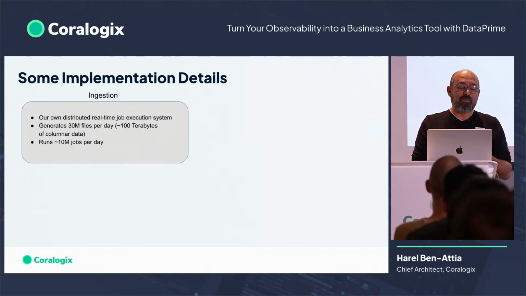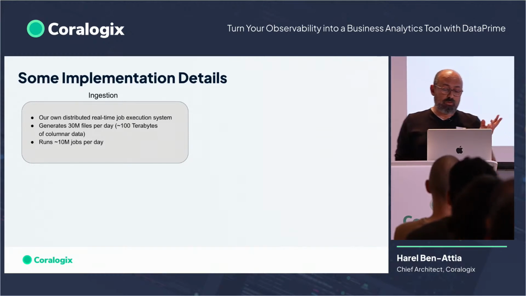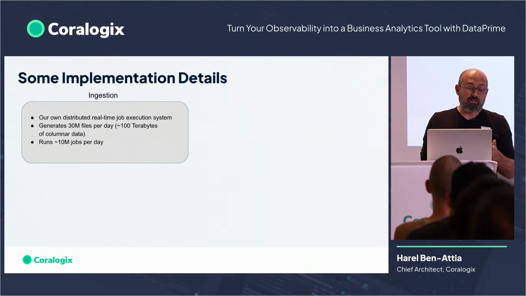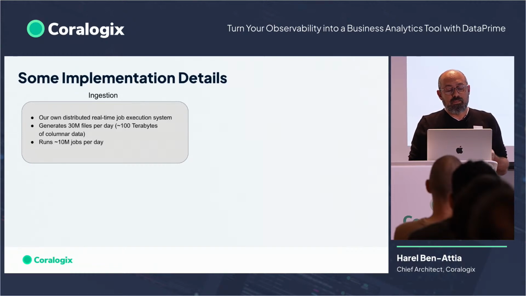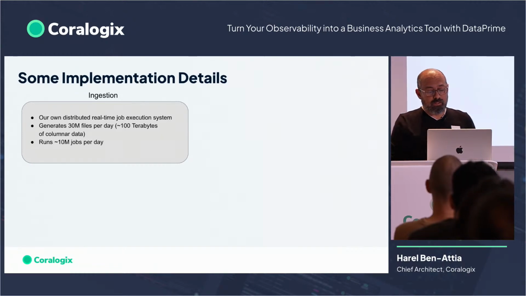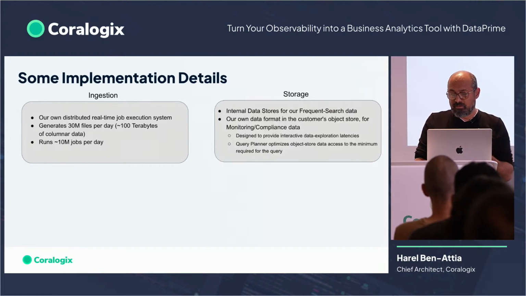A little bit of implementation details: our ingestion mechanism, our own distributed real-time job execution system, a huge one actually, generates around 40 million files per day, over 100 terabytes of columnar data. It runs 10 million jobs per day, batch jobs and compaction jobs, a very large-scale system, amazing one technically, by the way.